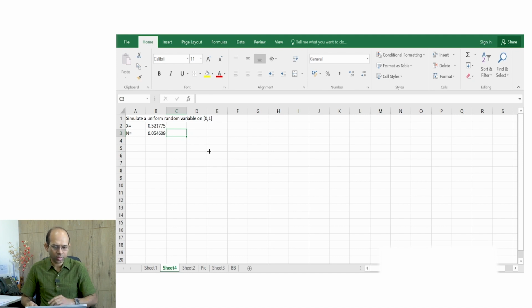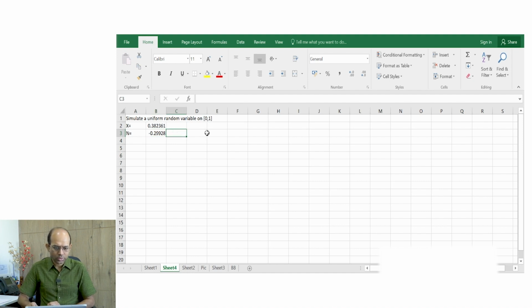So far it is all positive, because the way we have defined it, when the value of capital X, that means this second row, is half or more than half, then this n is non-negative. However, if this is less than half, then you see that n is negative, and that is quite expected, because a normal random variable with mean 0 is half of the time positive, half of the time negative.